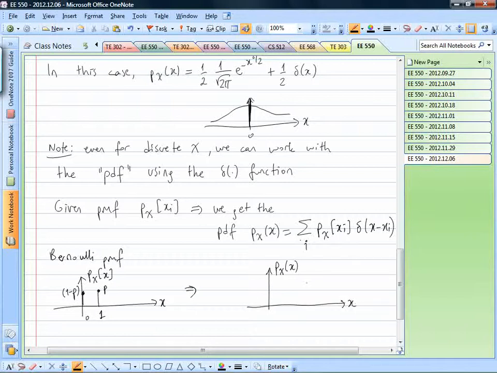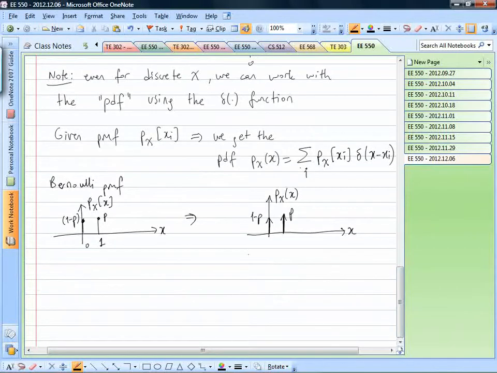Now you need to convert each point mass into a delta function. So what we need is again p and 1 minus p, but with the delta. So here p sub x of x is going to be p times delta(x minus 1) plus (1 minus p) times delta(x). Okay, and we indicate the amount in front of the delta function by this parentheses.